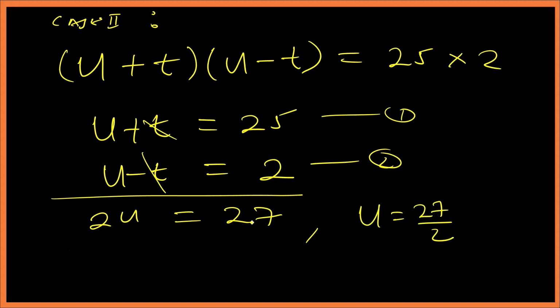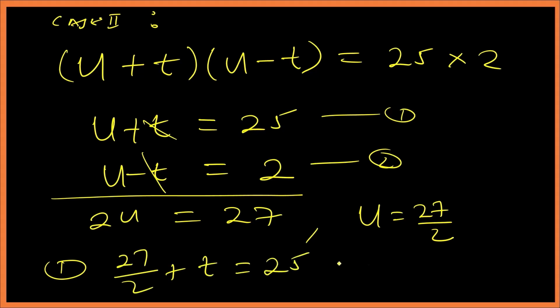Now let's use any of the equations to solve for t, using 1. So u, which is 27 on 2, plus t equals 25. Multiplying through by 2, I'll get 27 plus 2t equals 50.